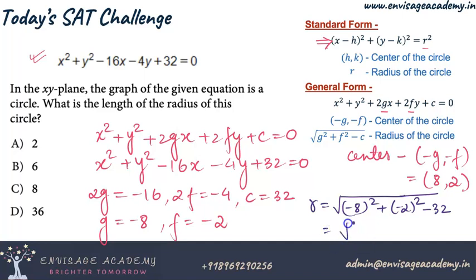Now let's solve this. We would be getting square root of 64 plus 4 minus 32. Once you solve this, you will see you are getting root of 36, which is equal to 6. So we get the radius as 6.